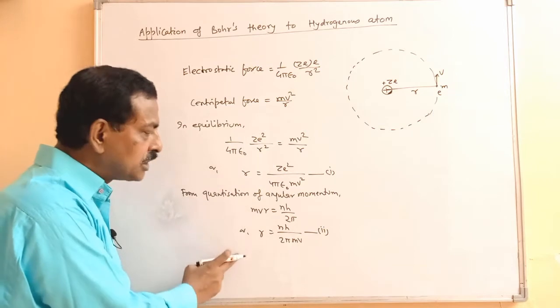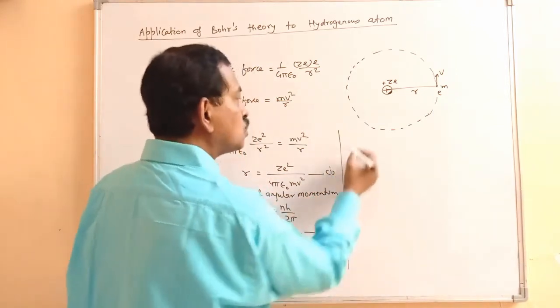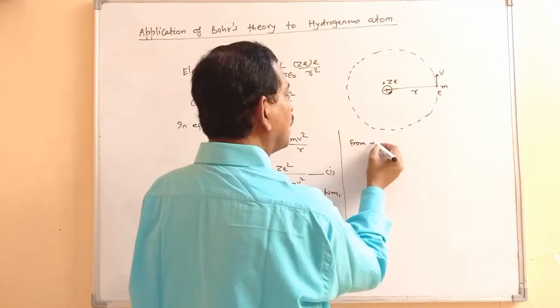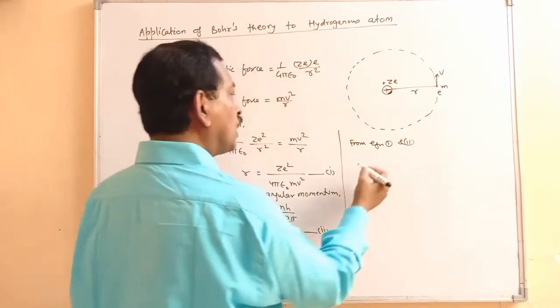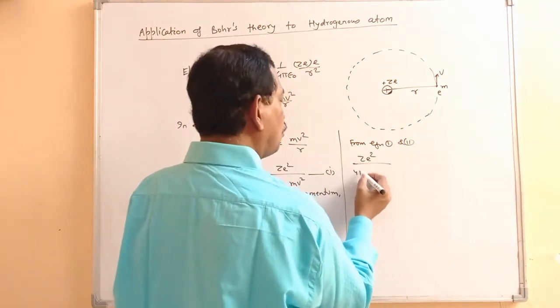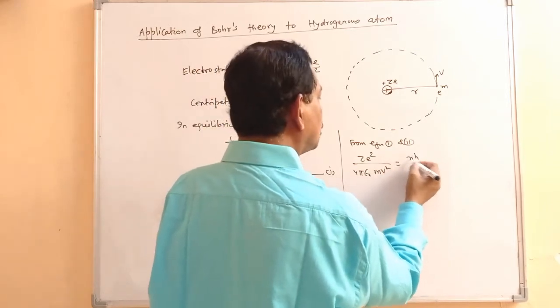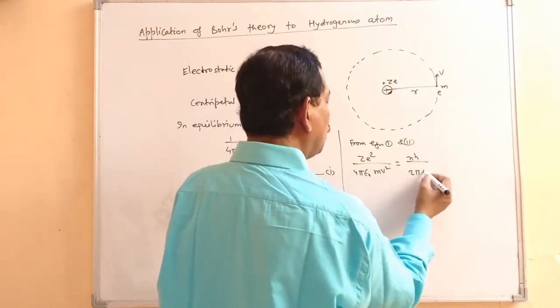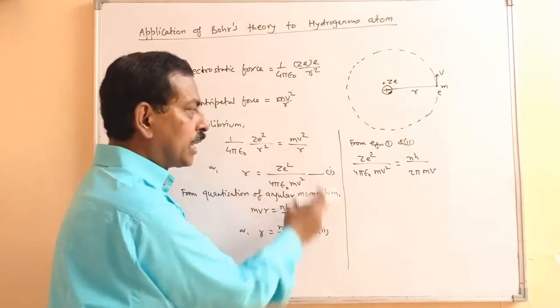Now from equation 1 and 2, if you compare, what will you get? Ze square by 4 pi epsilon naught mv square equals nh by 2 pi mv. We are equating equation 1 and 2.